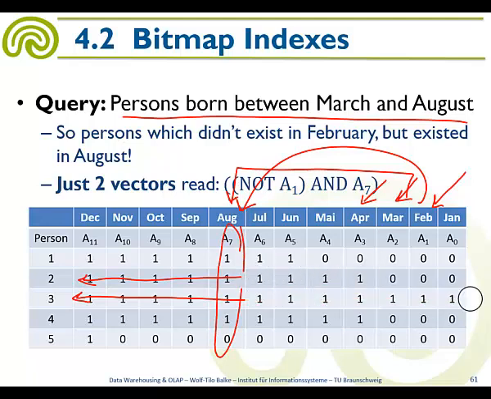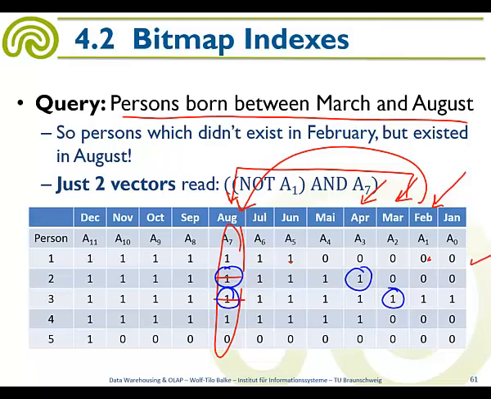Because now, everyone that was born in March is still born in August, right? Everyone born in April is born in August. Let's take a look. This record over here is a good one.